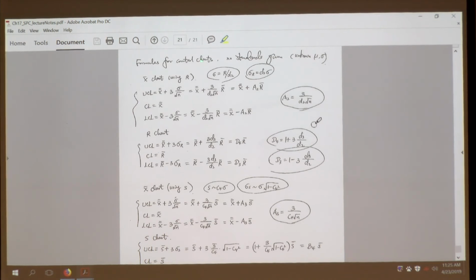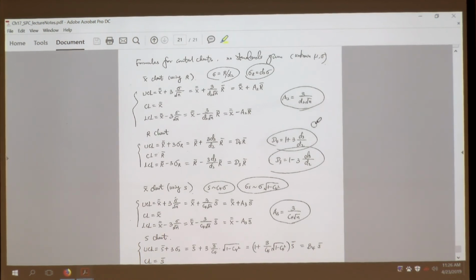So the formula for the control chart, if mu and sigma are unknown. This is the X bar chart using R. We are doing X bar plus A2 R bar and X bar minus A2 R bar. This A2 is actually equal to 3 over D2 square root of n. And this A2 value is available in the table that we were given.